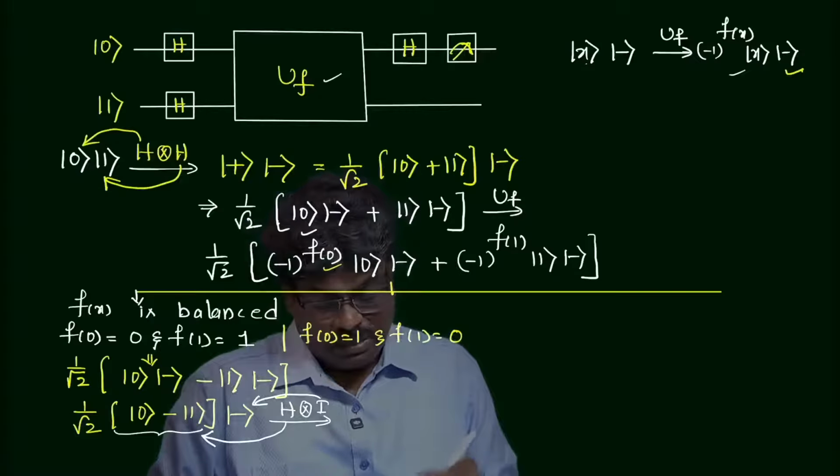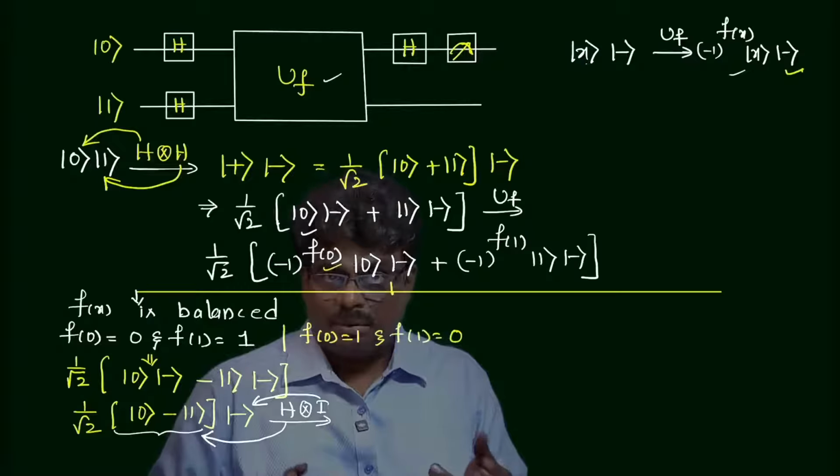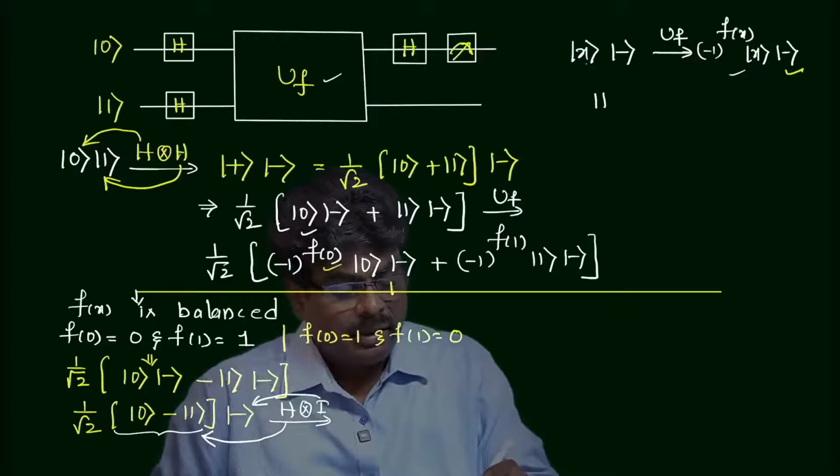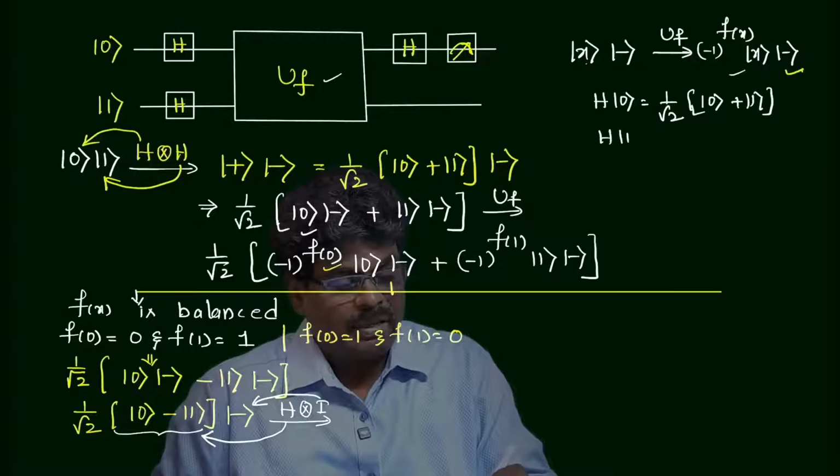Once the Hadamard operates on this 0 minus 1, because Hadamard operates on 0, this is 1 over root 2 (0 plus 1), and Hadamard operates on 1, this is 1 over root 2 (0 minus 1).